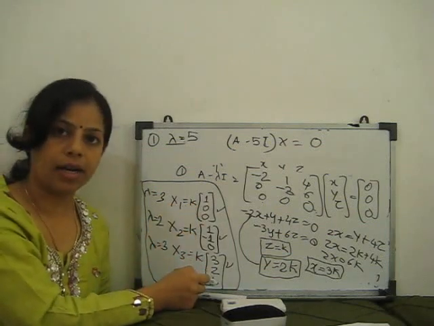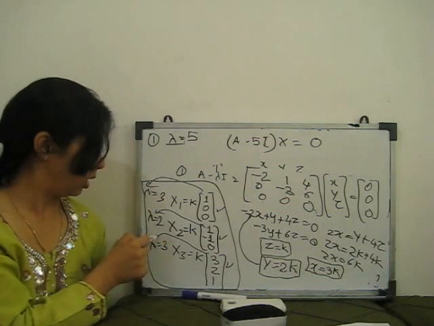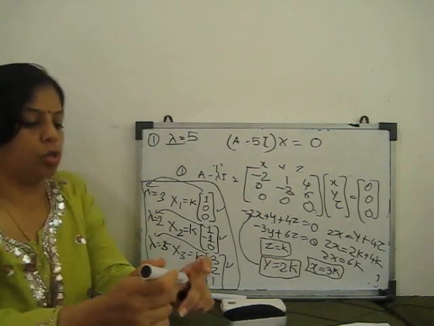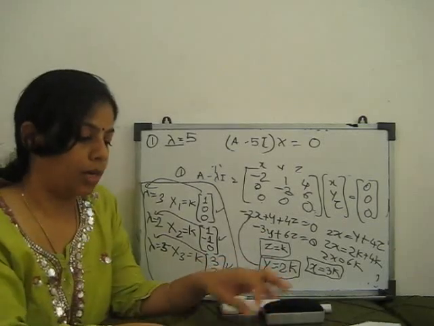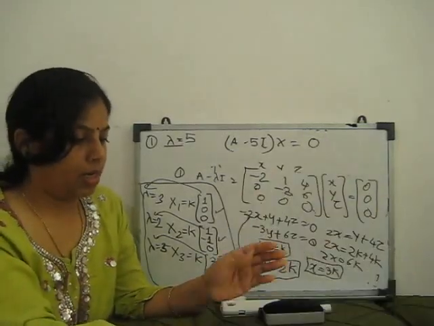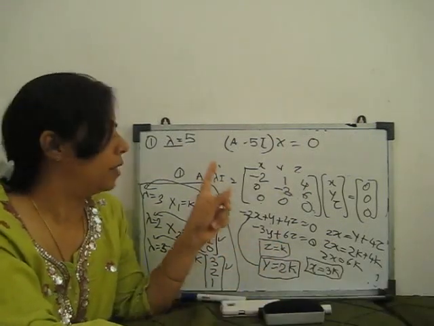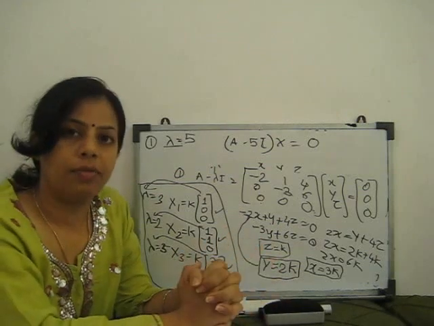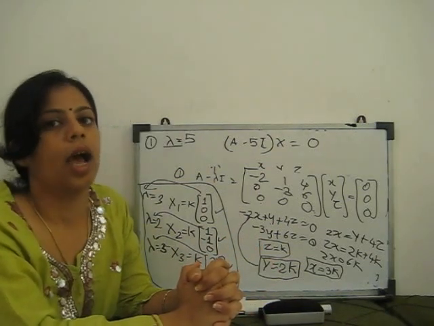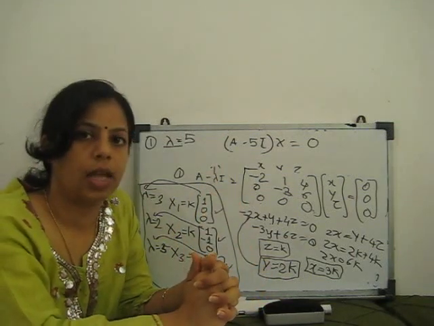These are the eigenvectors corresponding to λ = 3, λ = 2 and λ = 5. That's how we find the eigenvectors for each λ. Similarly, you can solve some more examples with the same process. You will definitely find eigenvalues and then eigenvectors easily for a given matrix. Thank you very much.